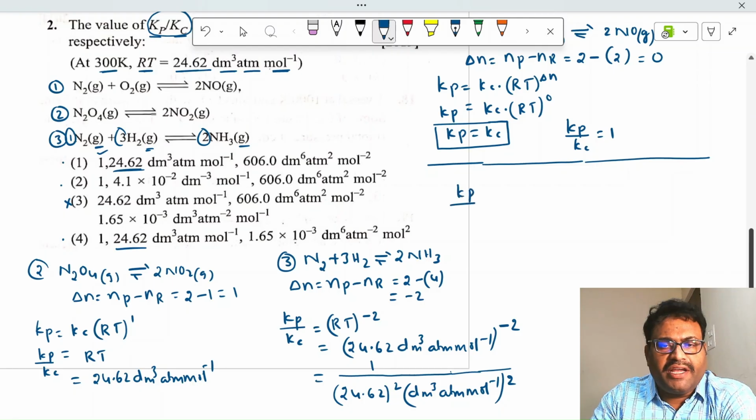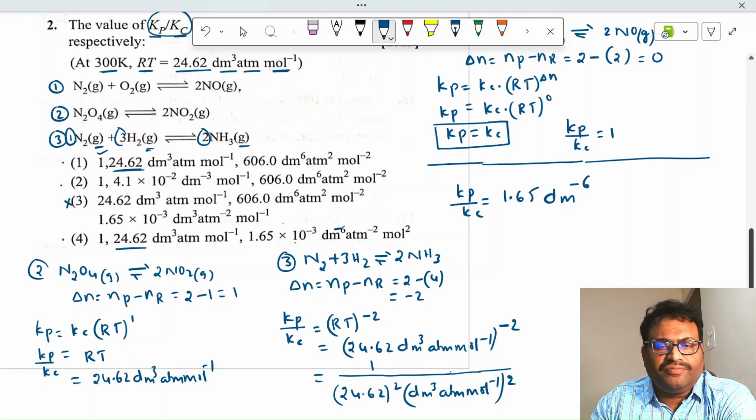So Kp by Kc will be equal to 1.65, decimeter cube squared, and it is in the denominator. Then what do you get? Decimeter power minus 6, atmosphere in the denominator.